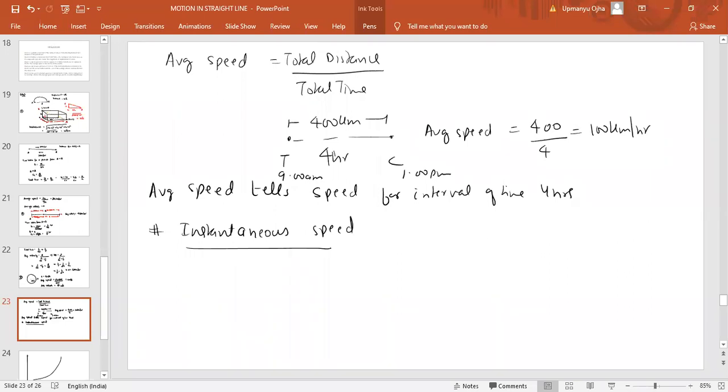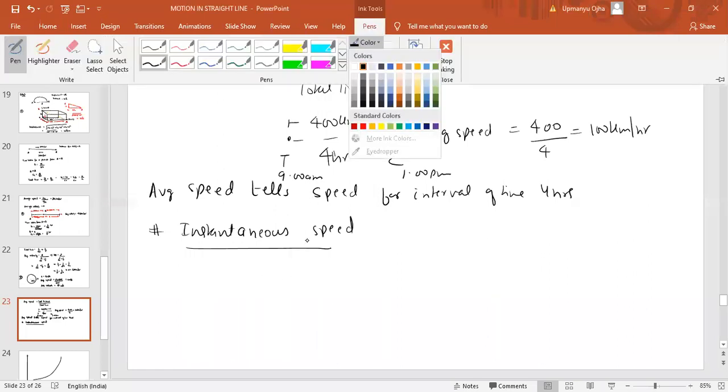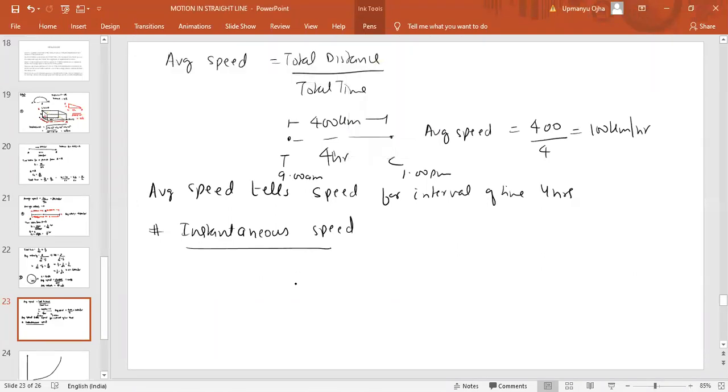See, like after traveling 2 hours, at 11 a.m., from 11 a.m. to 11 a.m. 1 minute, the body has traveled, say 90 meter. Now, can you tell me what was the average speed in 1 minute from 11 a.m. to 11 a.m. 1 minute?